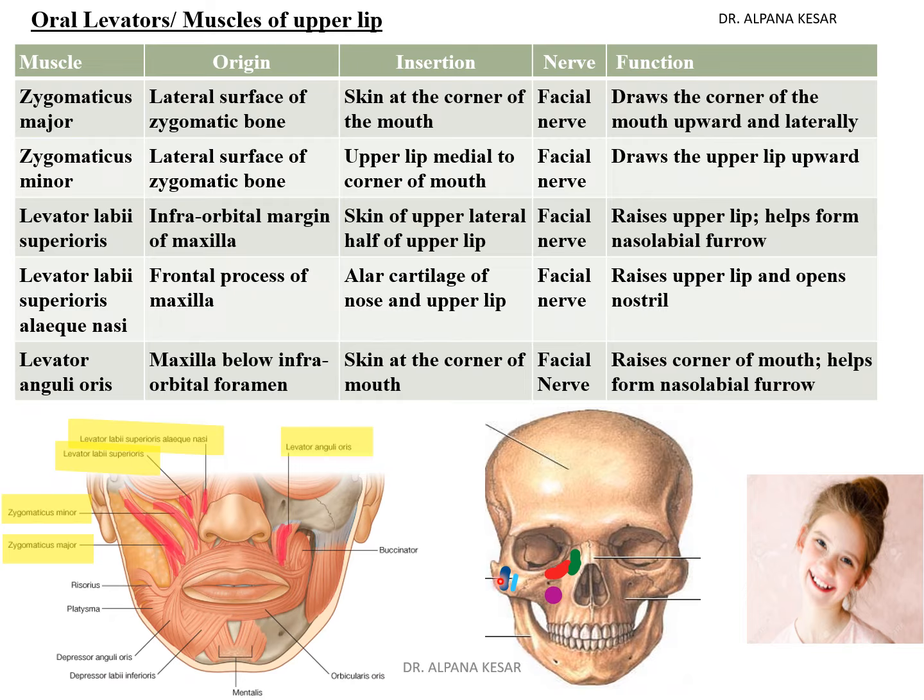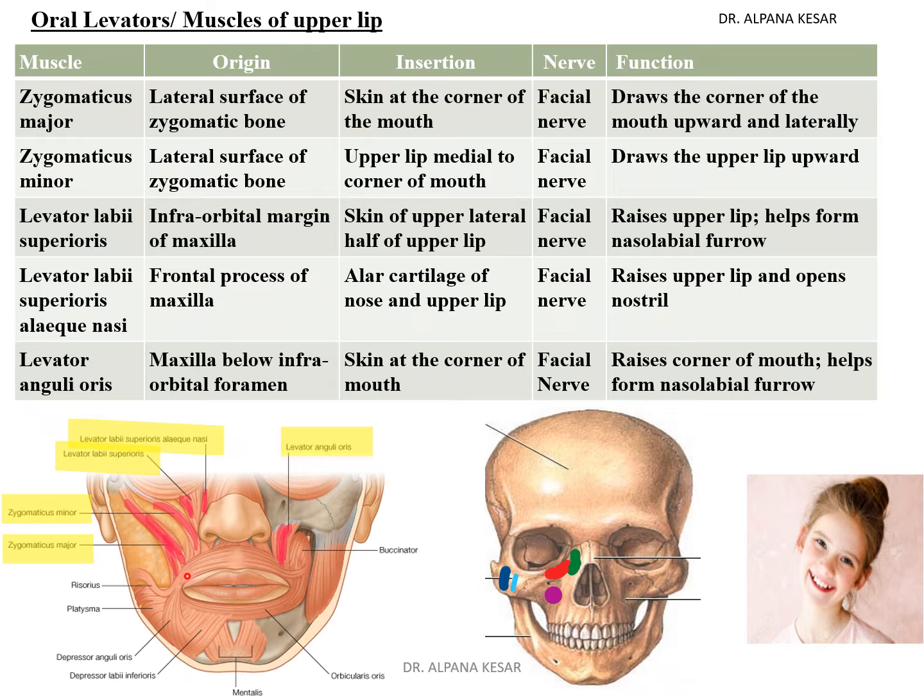Zygomaticus major and minor take origin from the lateral surface of the zygomatic bone. This is the origin of zygomaticus major, this is of zygomaticus minor. The insertion of zygomaticus major is into the skin of the corner of the mouth, and insertion of zygomaticus minor is in the upper lip, medial to the corner of the mouth.